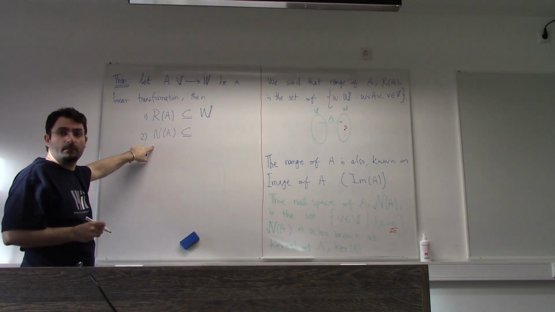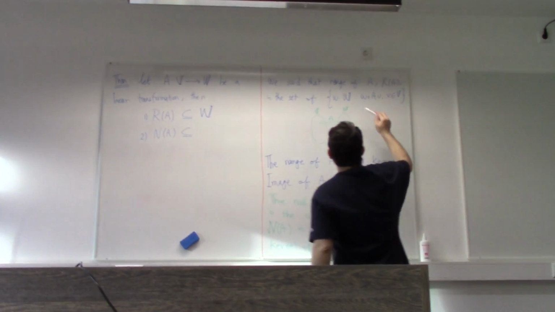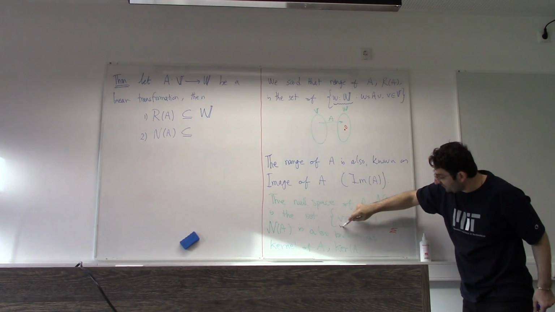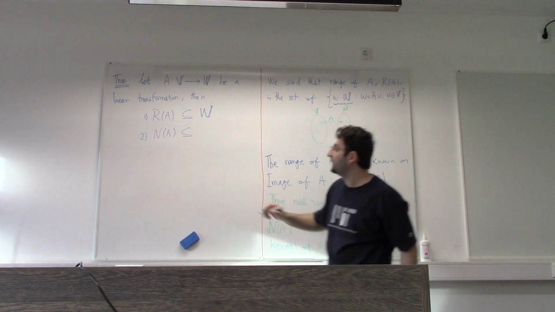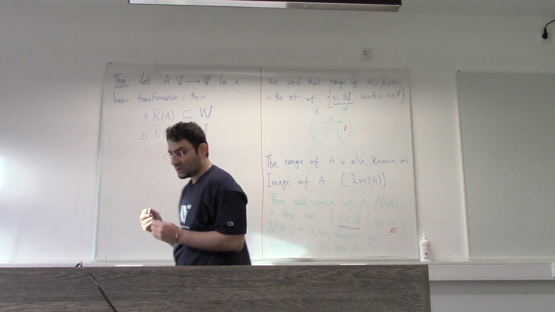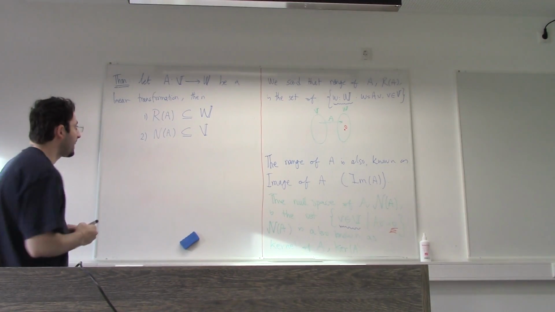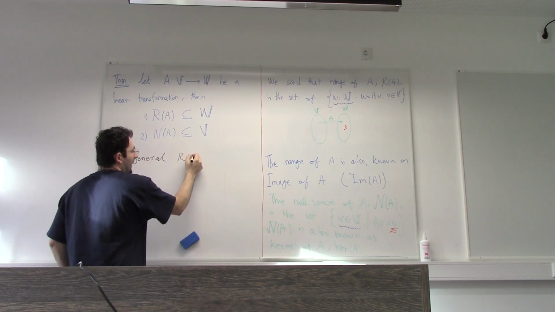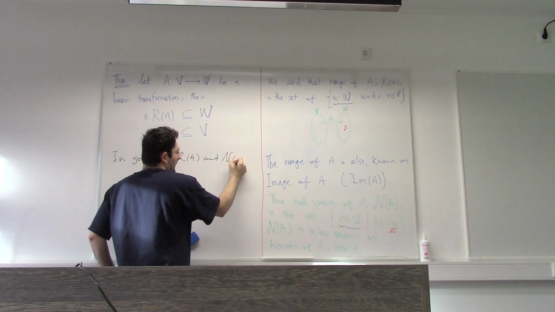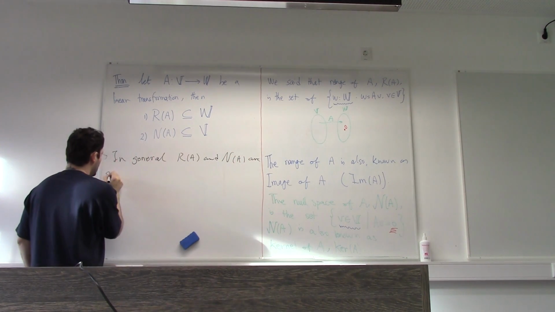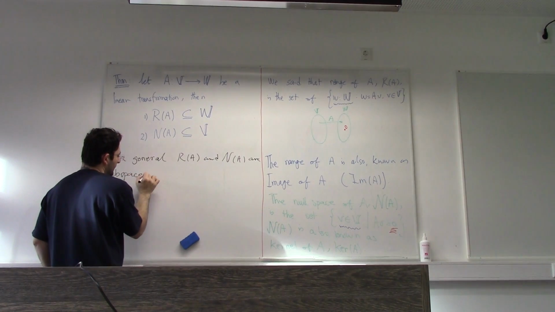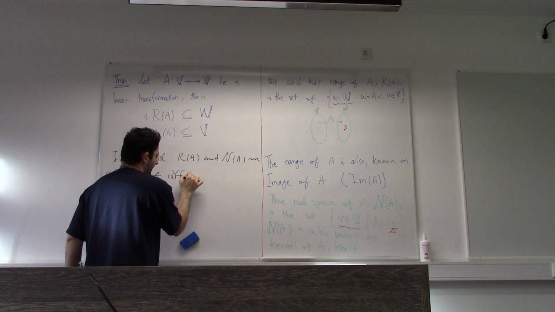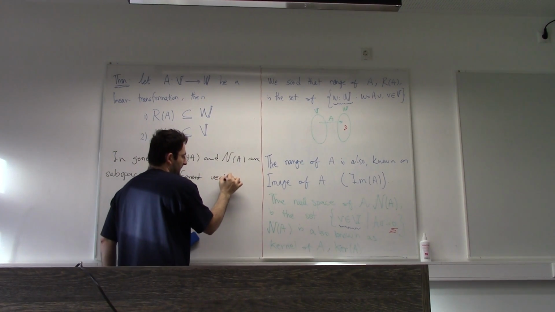What about the other one? Also. Now, look. For the RA, we are defining sets of vectors in W. In null space, we are defining sets of vectors in V. So this is a subspace of V. So in general, RA and NA are subspaces of different vector spaces.